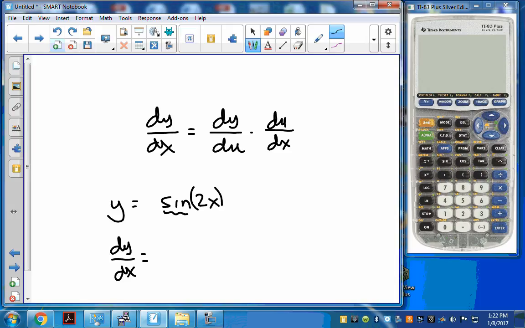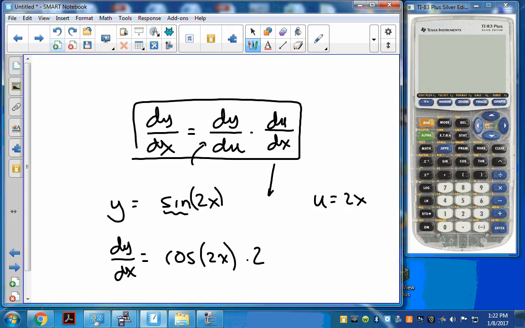So you take the derivative of the outside with respect to the ugly, that's the cosine of the ugly, leave that alone. So cosine of 2x, and then multiply that by the derivative of the ugly. In this case, u is 2x, so the derivative of the ugly is 2. So you already know this. This is the chain rule. It's just being applied to differentials.